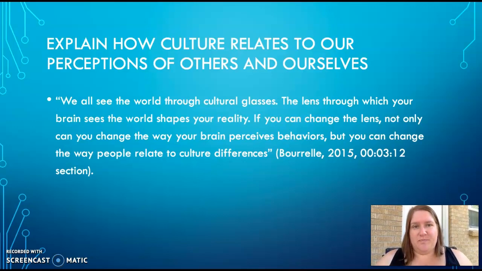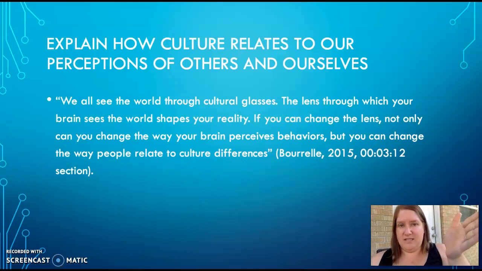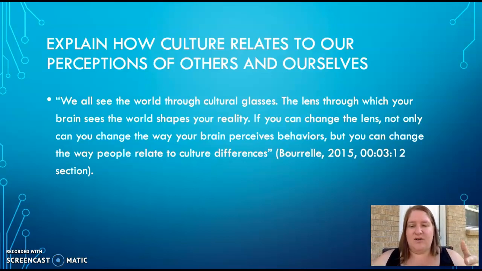For example, I spent some time in Thailand when I was in my teens, and one of the things they do in Thailand is when they point to something, they point with their whole hand. And here in America, we point with one finger, like over there. And the reason why that's important is because in Thailand, if I were to point with one finger, that would be considered incredibly rude.